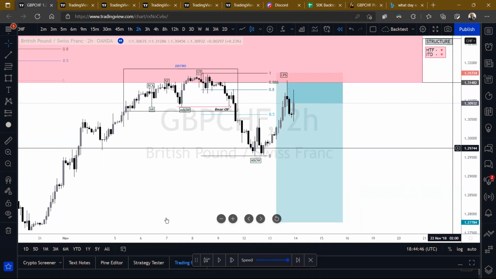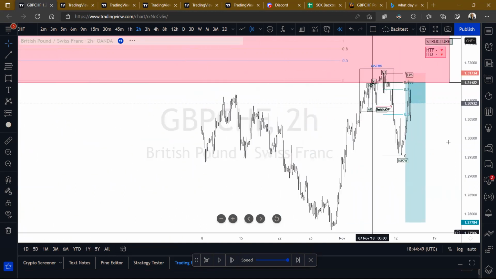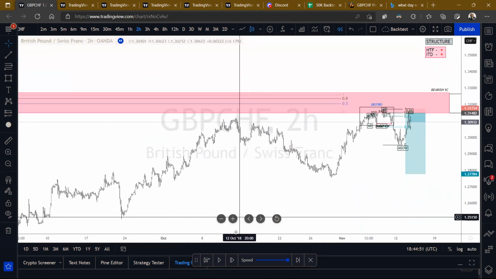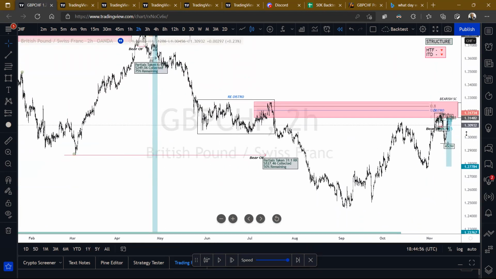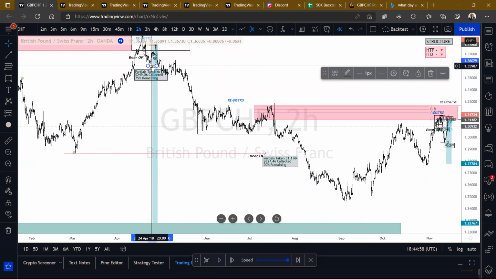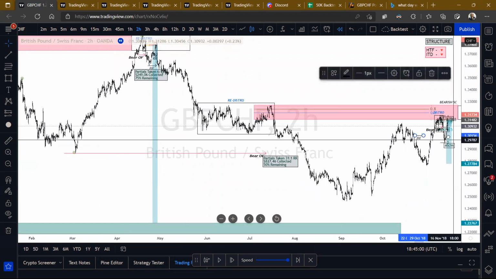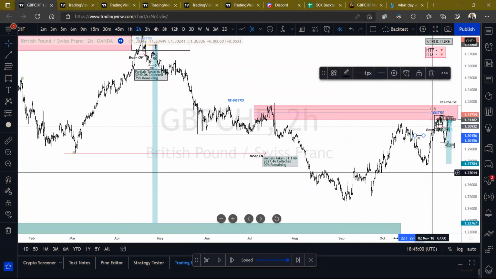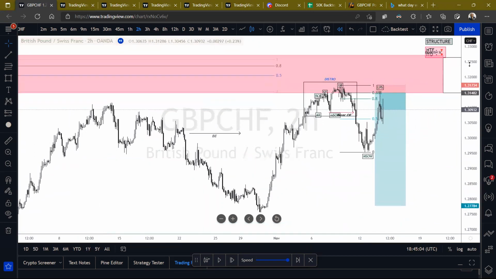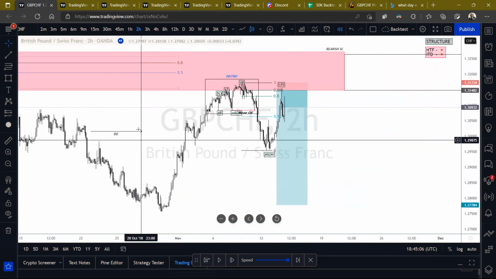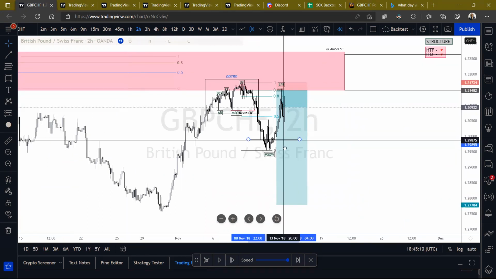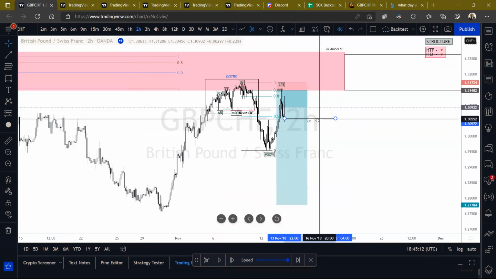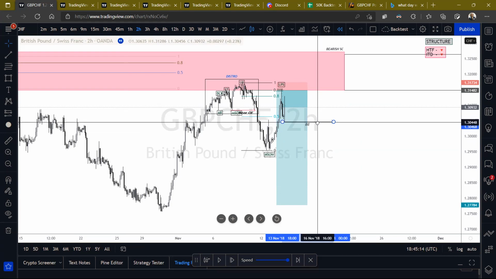Cool, and then same thing. It's the same thing. I want to wait for this to go to break even, once we make this new low.